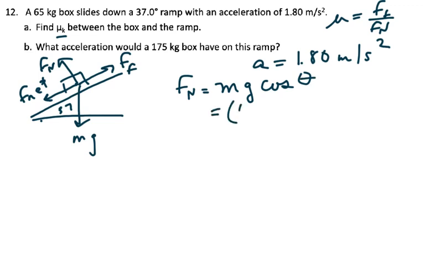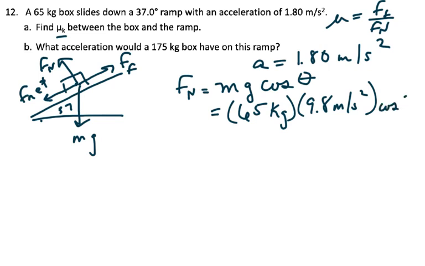So the mass in this case is 65, g is 9.8, and then cosine of 37. So the normal force, we do the calculations, ends up being 509 newtons.